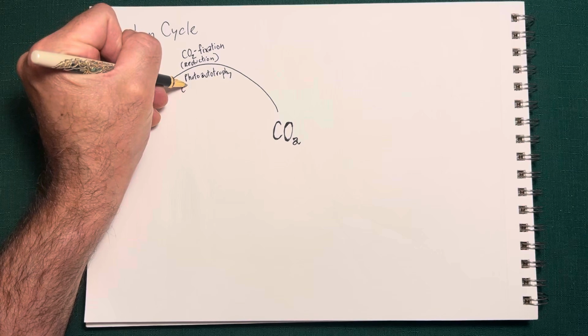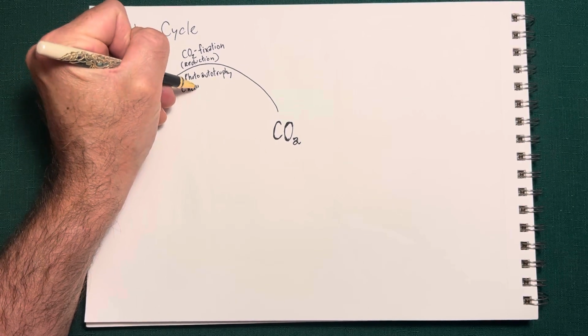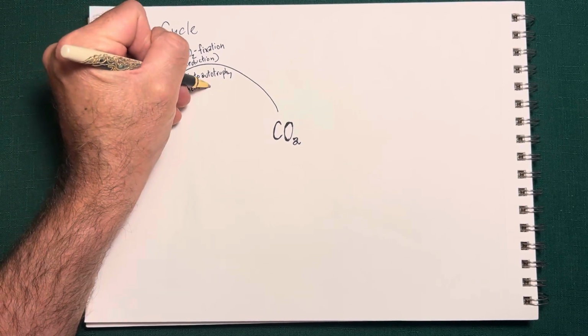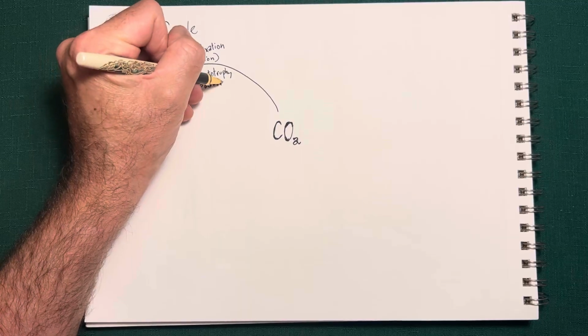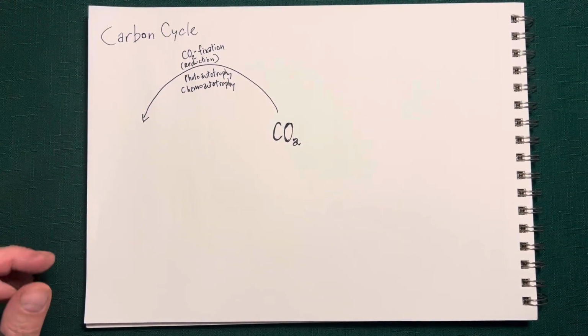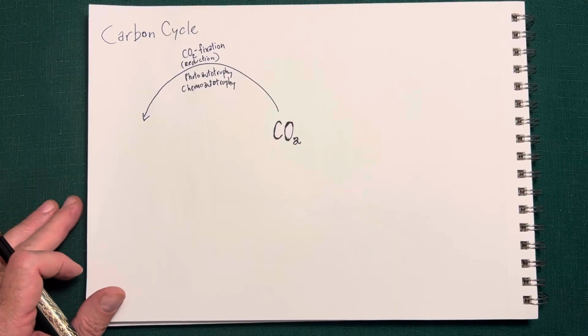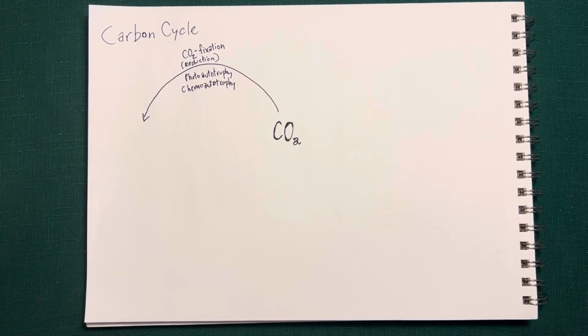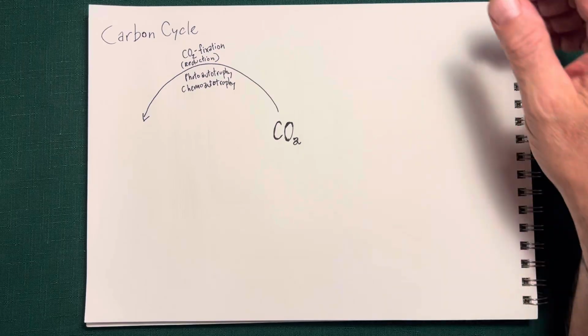But it can also be done using chemoautotrophy. So there's some organisms that can use, instead of using light as the energy source, different chemical species as the source of energy to fix carbon.